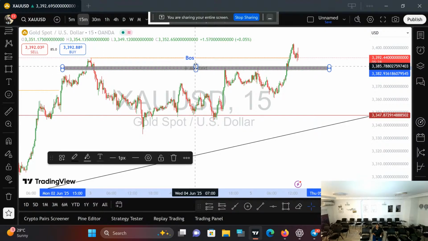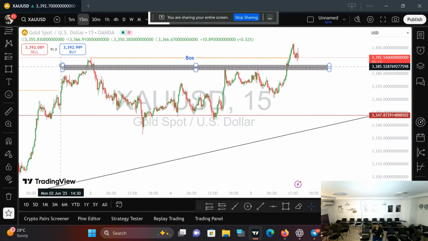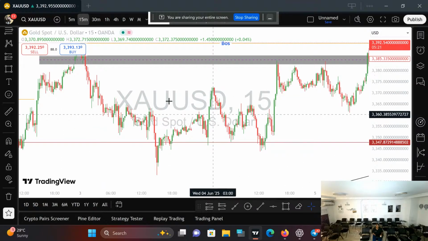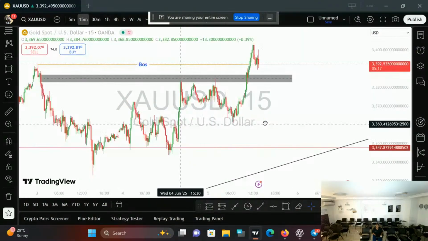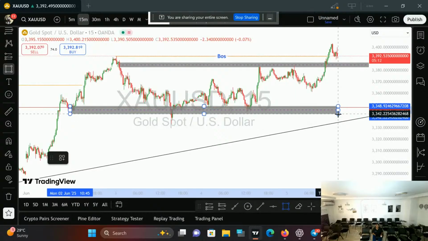And we also have a support zone here. This is the support zone.